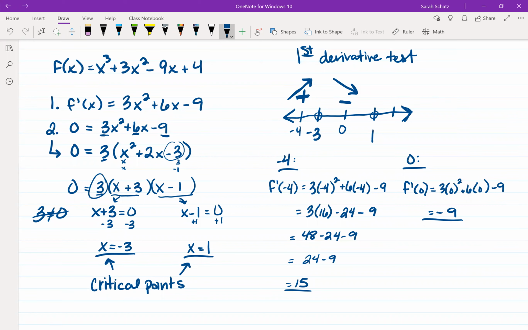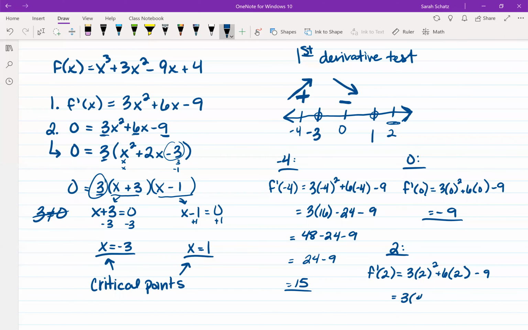Okay, so next we need to pick a value on this interval. Any number greater than 1, you can put in here. I'm just going to use 2. Let's test 2. It does take a little longer when you have more than one critical point. There's more testing involved. So let's do the derivative at 2. We have 3 times 2 squared plus 6 times 2 minus 9.